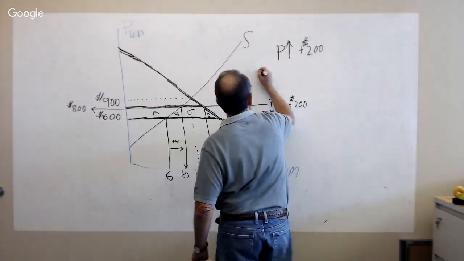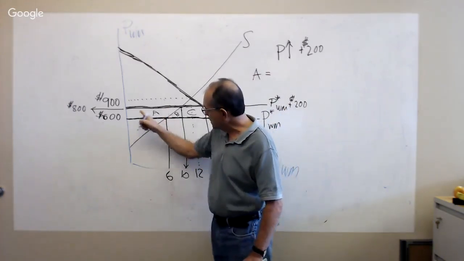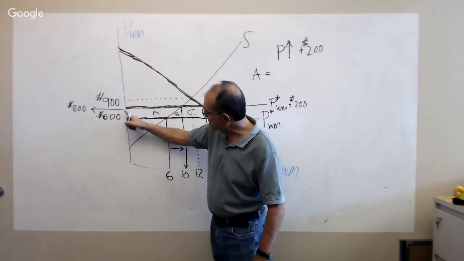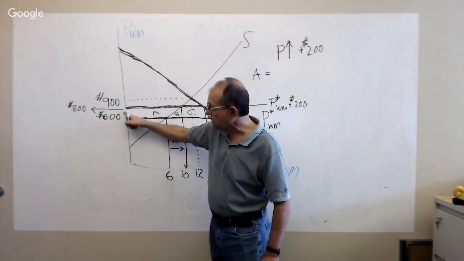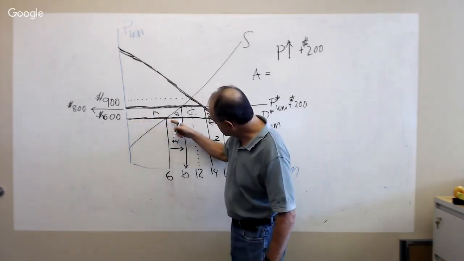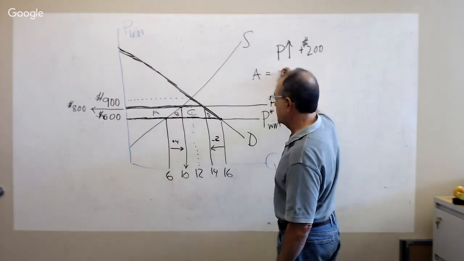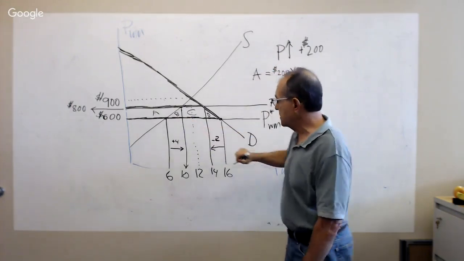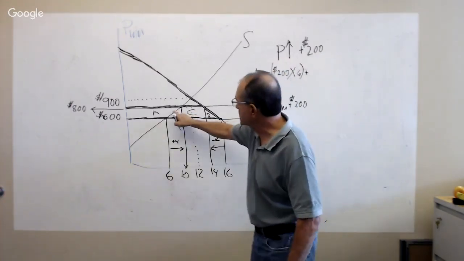So let's say A is made up of this rectangle here, where the height is 200, the $600 price without the tariff and the $800 price with the tariff. So the vertical distance is 200, and the horizontal distance is 6 units. So a portion of A is going to be $200 times the 6, plus there's also a triangle associated with it.